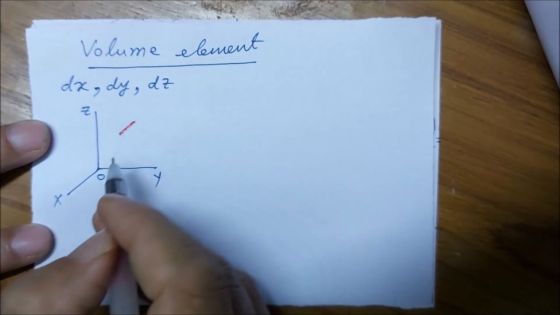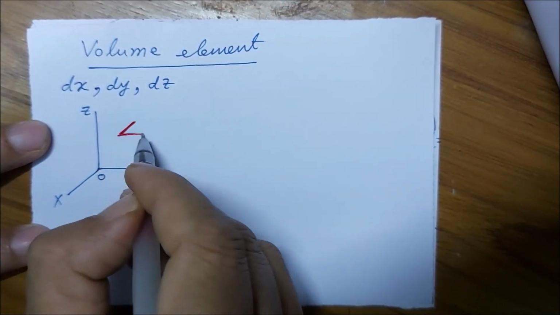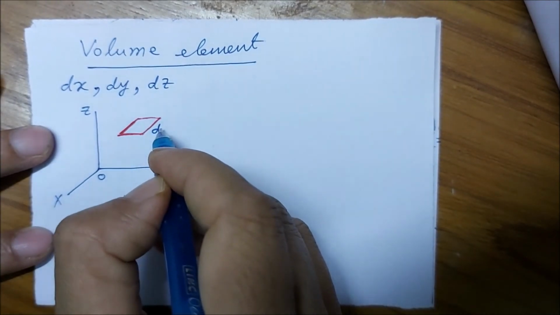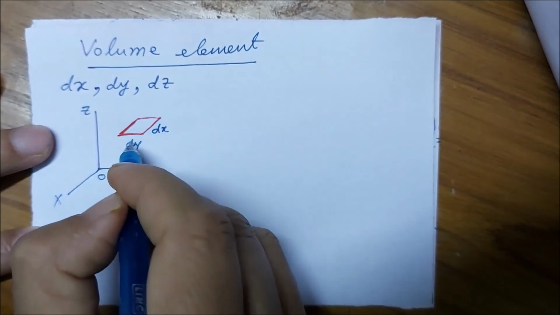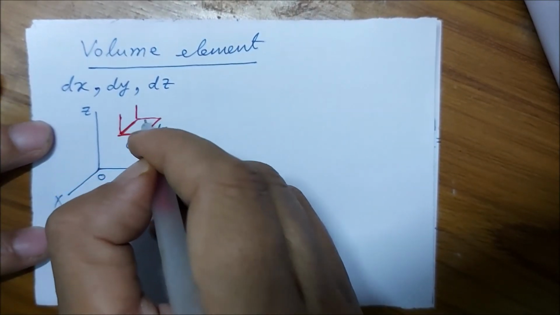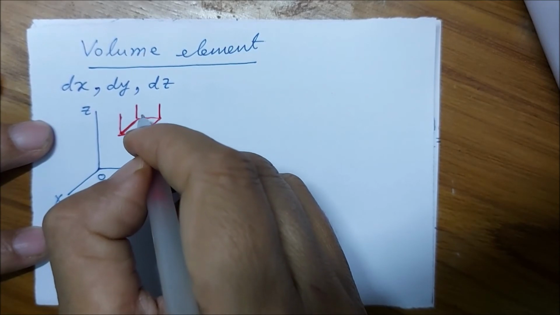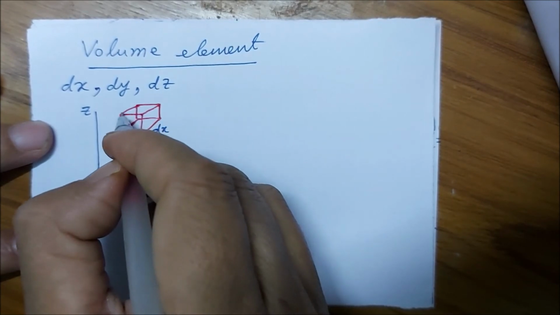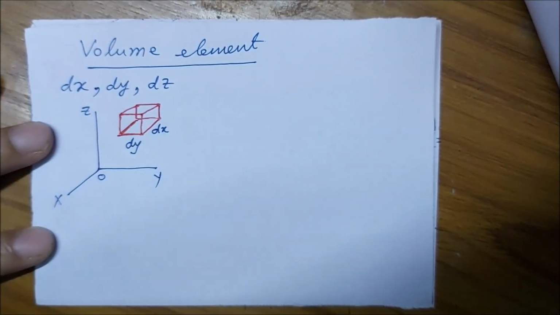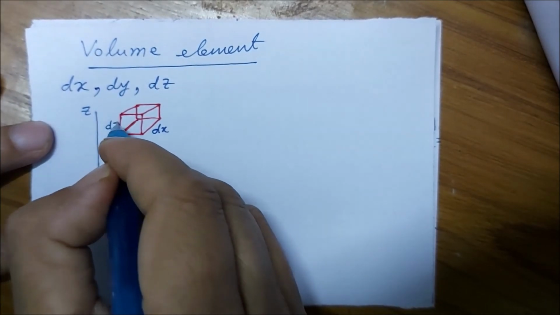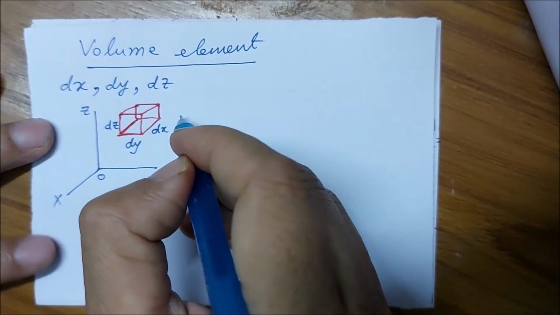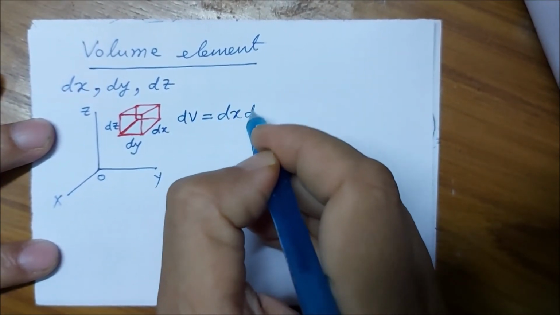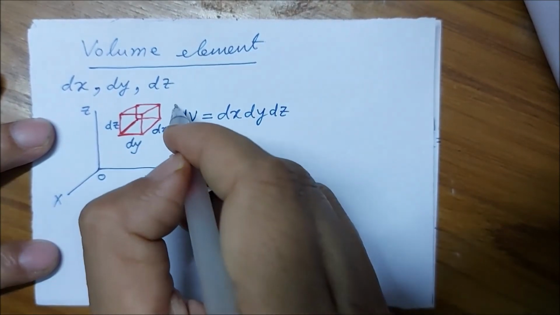So this is dx, this is dy, this is dx and this is dy, and let us put dz. So we have built the volume element with the help of this dz. So dv in Cartesian coordinate system is dx dy dz.